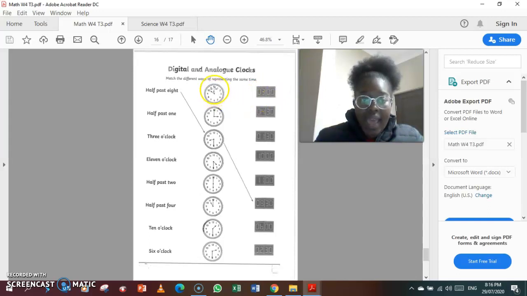The long hand counts the minutes. From 12 to 1 is 5. So you'll always count 5, 10, 15, 20, 25, 30. Your long hand counts in 5s and your short hand counts the hours.